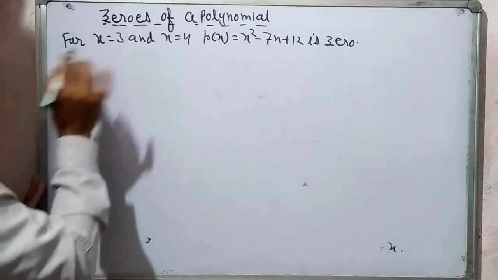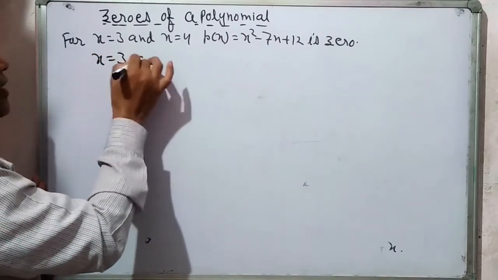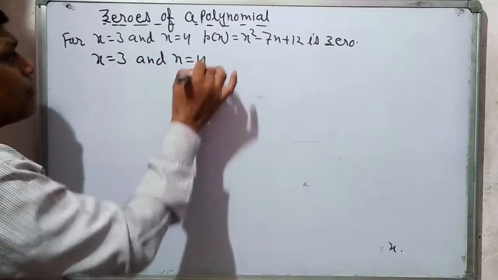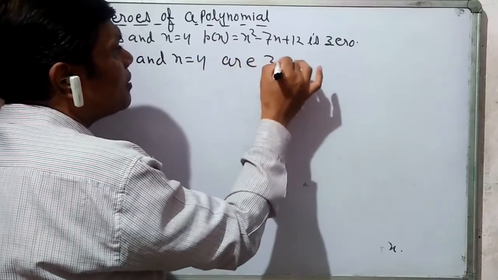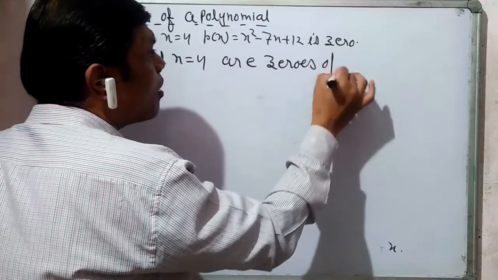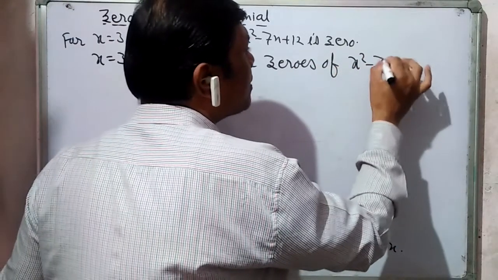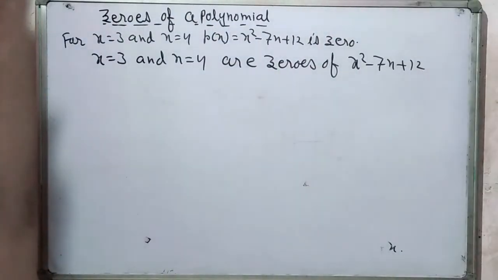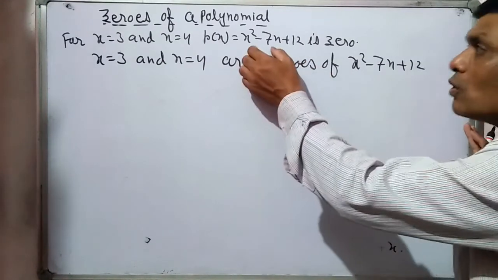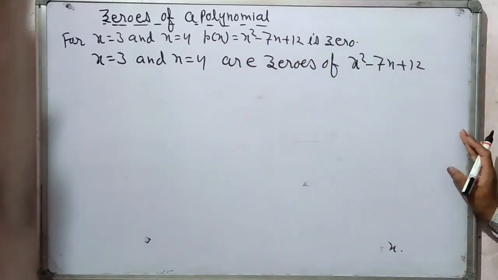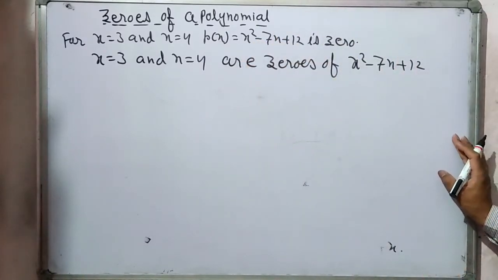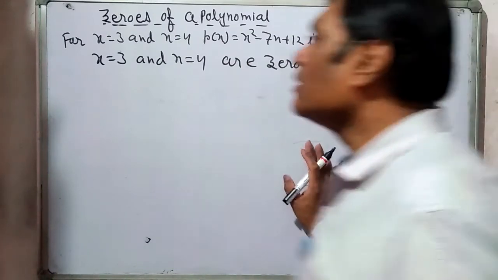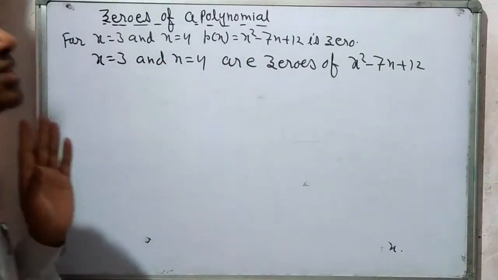So I call x equals 3 and x equals 4 zeros of x square minus 7x plus 12. Why? Because these two values of x are making the whole value of the polynomial as 0.